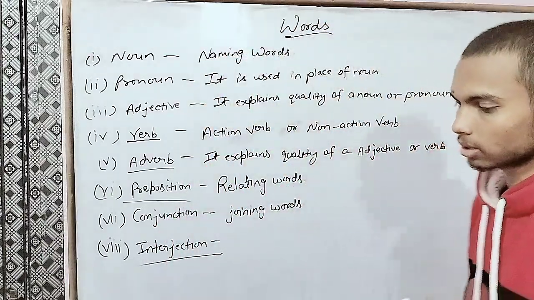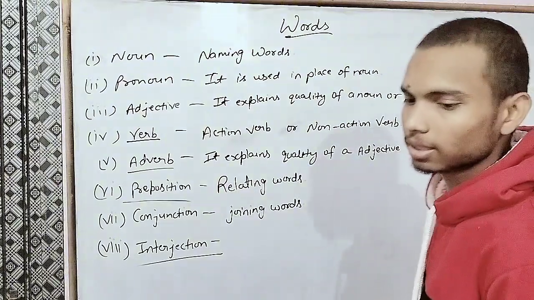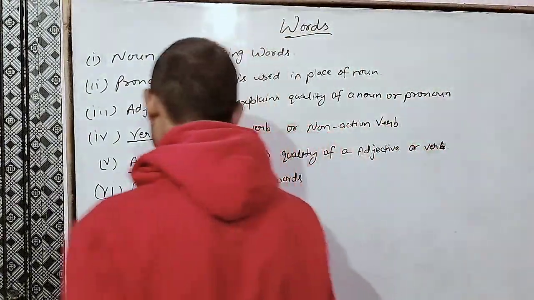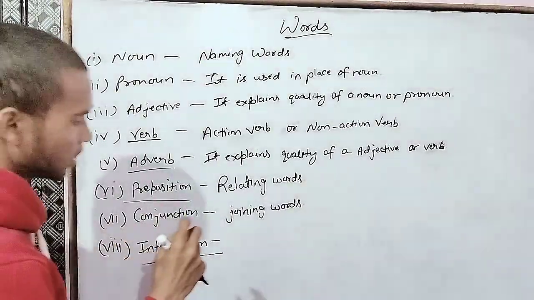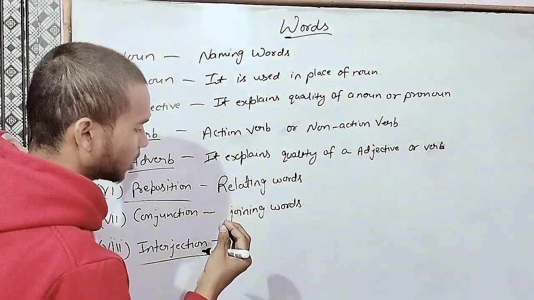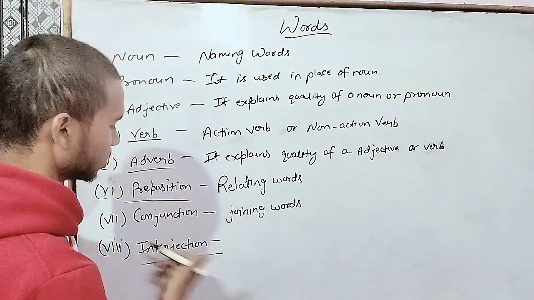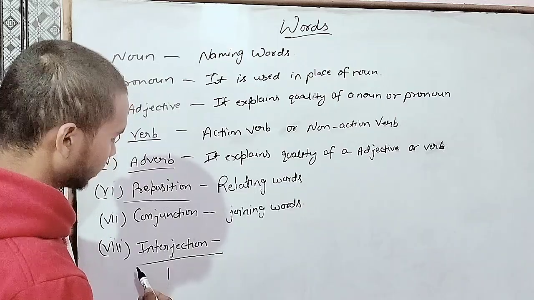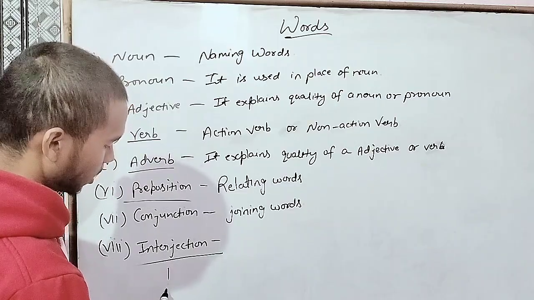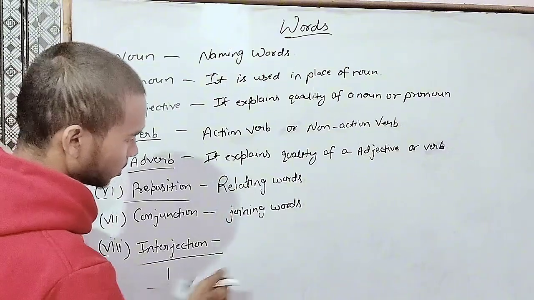So when something happens suddenly by a person or living thing, those sudden reactions, sudden emotions, are known as interjection. And while writing, we use this hint, this is the hint of interjection. Clear?